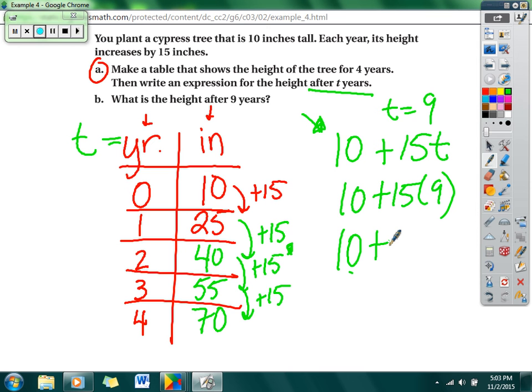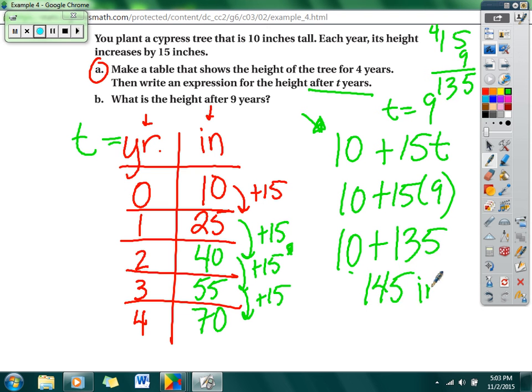Let's double check that math. 9 times 5 is 45. 9 times 1 is 9, plus 4 is 135. So plus 135, and it's saying after 9 years, it's going to be 145 inches.